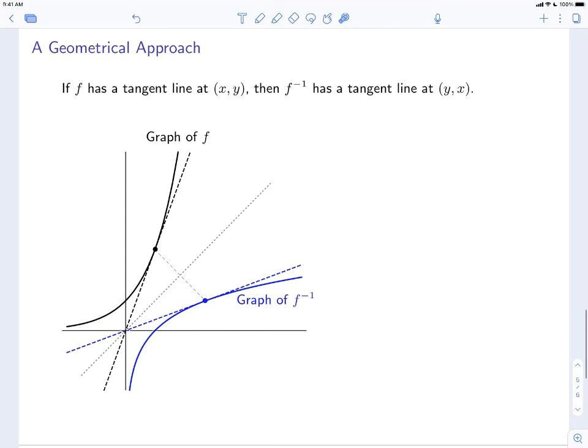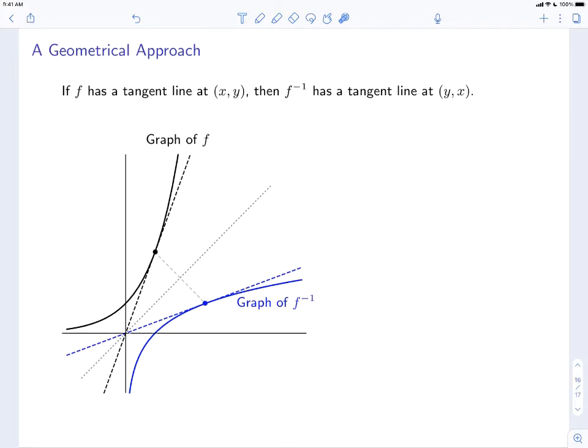The advantage to using the chain rule approach is that in addition to proving that the function is differentiable, we also get a formula. But it turns out we can also get that formula by looking at the geometry. We know that there's a geometric relationship between the graph of f and the graph of f inverse. In particular, if you start with the graph of f, then the graph of f inverse is the same, but just reflected through this line, which is y equals x.